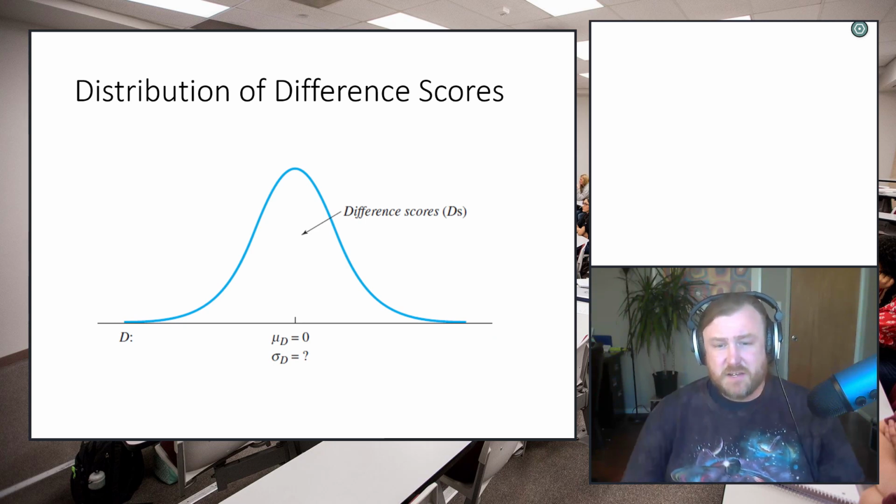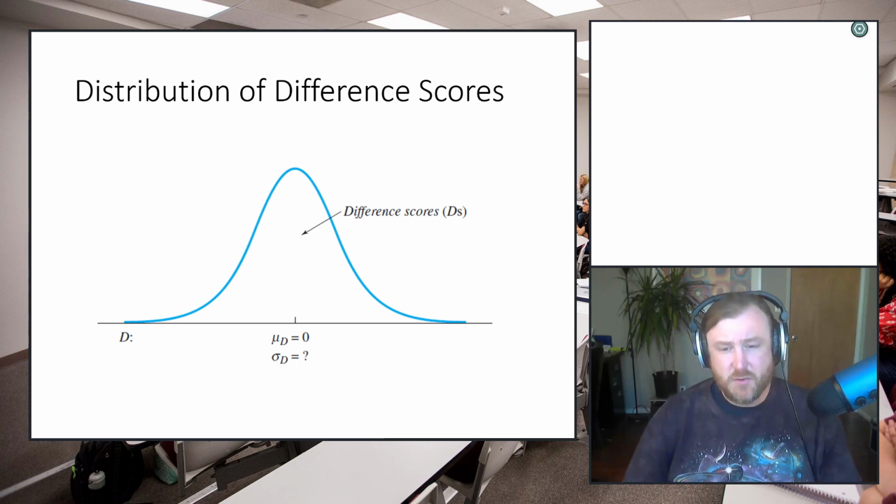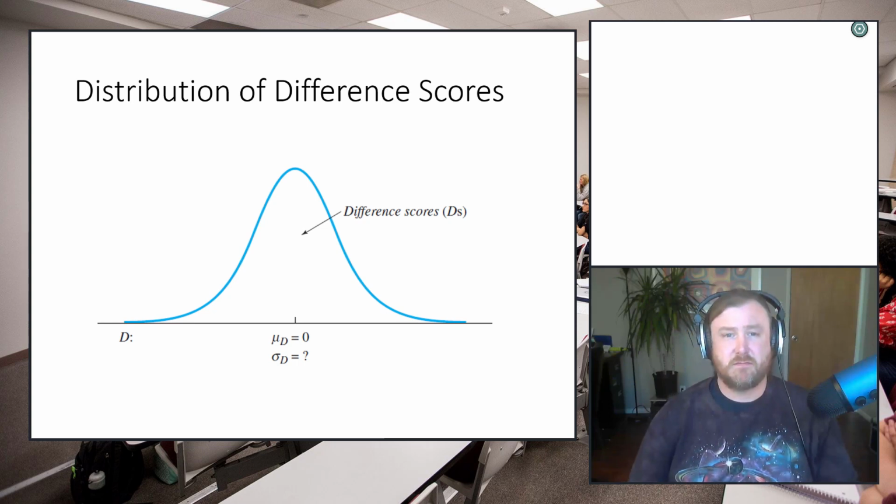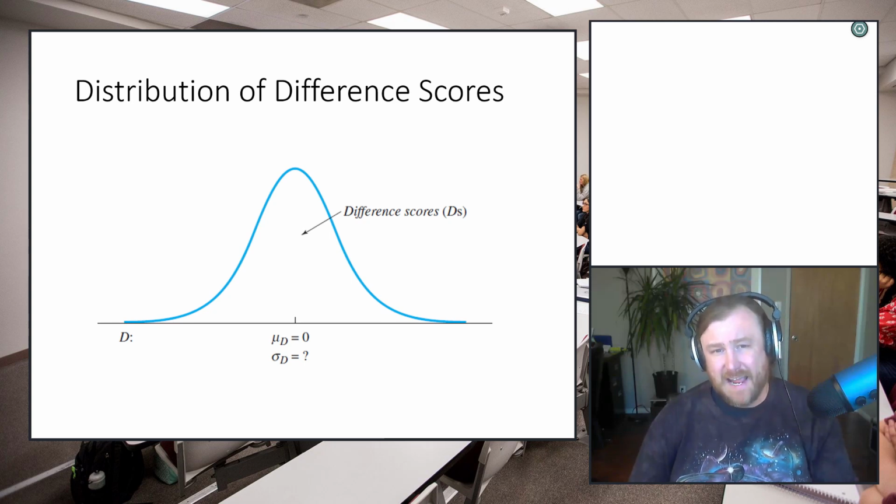And so here's a distribution of difference scores. It approximates a normal distribution. And what we're attempting to do is, the null hypothesis would be that there's no difference between time 1 and time 2. And so we compare the difference that we obtain from our sample to a difference score of 0.